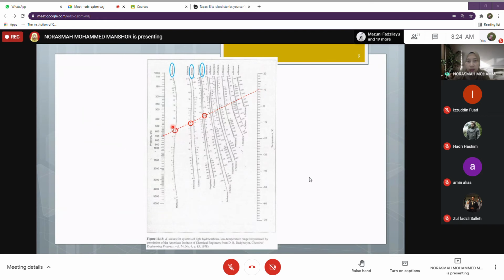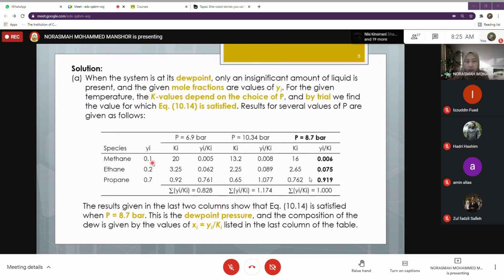Then the intersection for each component, methane, ethane, and propane, gives the K value, so you read the K value from this figure. For methane, K is 20, ethane 3.25, and propane 0.92.